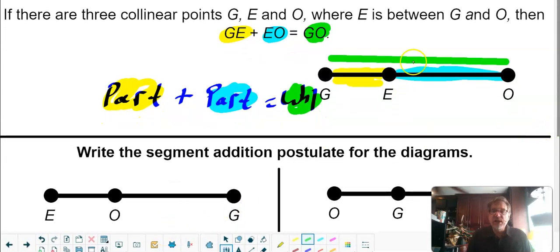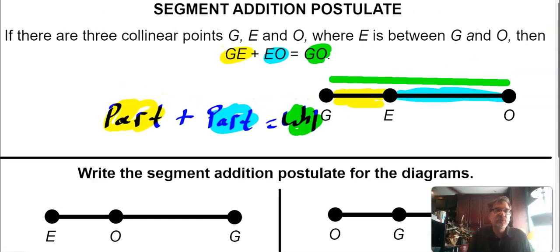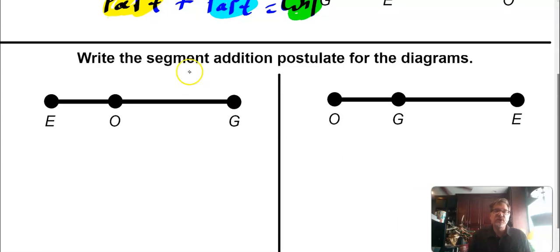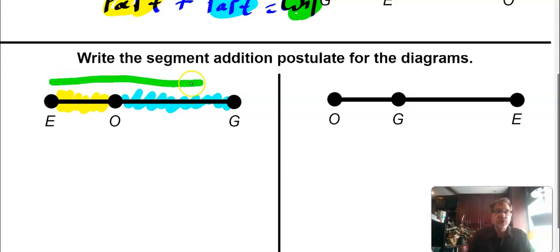So if we apply that to a new situation, let's write the segment addition postulate for this. So we know the front part plus the back part equals the whole thing.